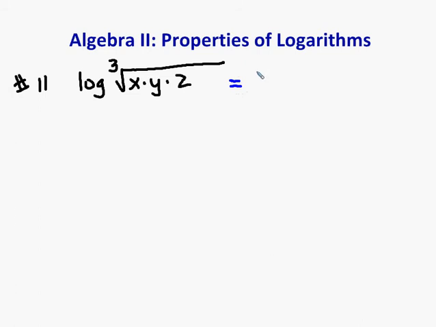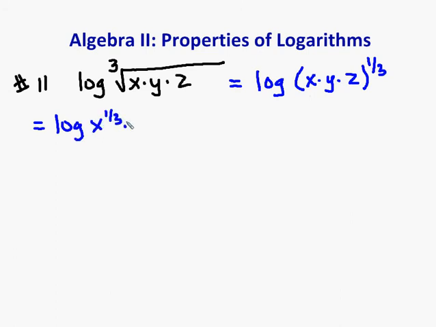So I'm going to rewrite this as log of x times y times z to the 1/3. And then rewriting it again, I can say that this is log of x to the 1/3 times y to the 1/3 times z to the 1/3.